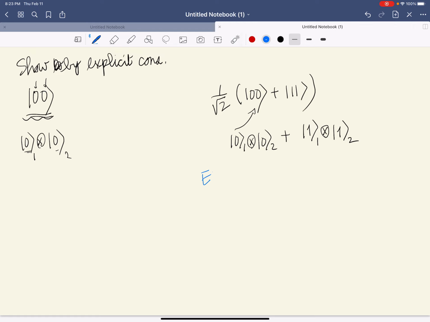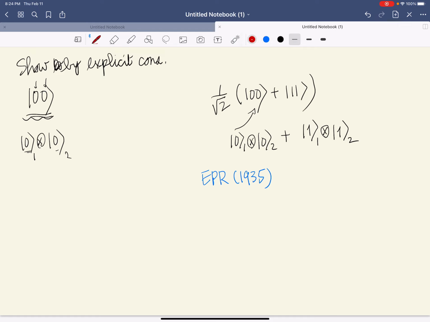Okay, so EPR, published in 1935, is the first paper that indicated this interesting but very counterintuitive possibility in quantum mechanics, a possibility that can only exist in quantum mechanics. And the possibility was the following.